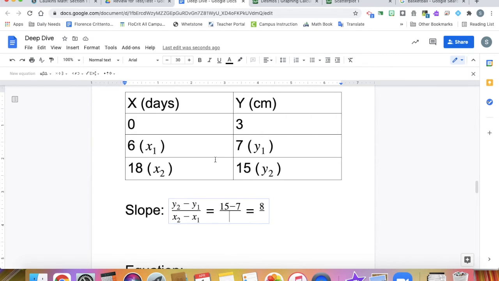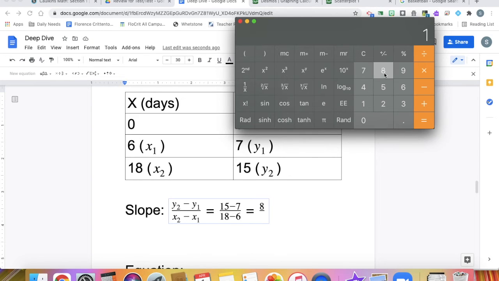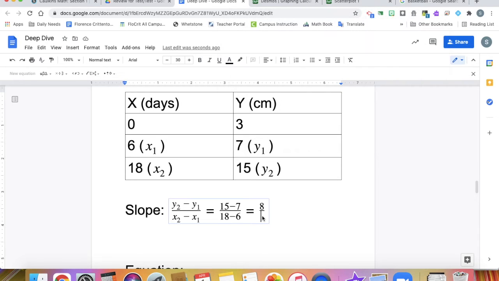But how long did it take? Well, it's day 18 for the second x minus the first x was on day 6. So from 6 to 18, to figure out how much you go up by, you can always do 18 minus 6 to figure out that you're going up by 12.